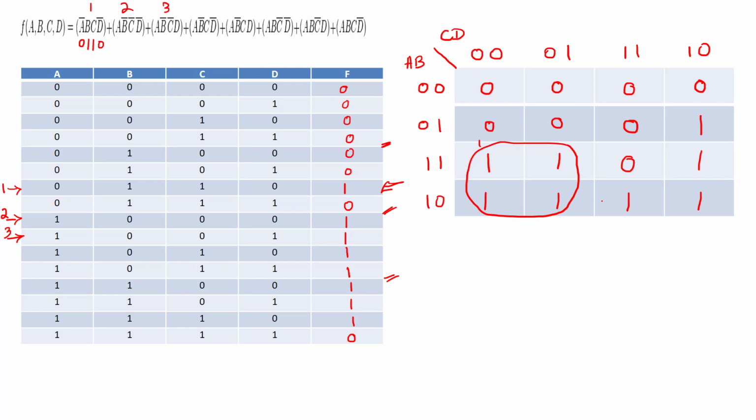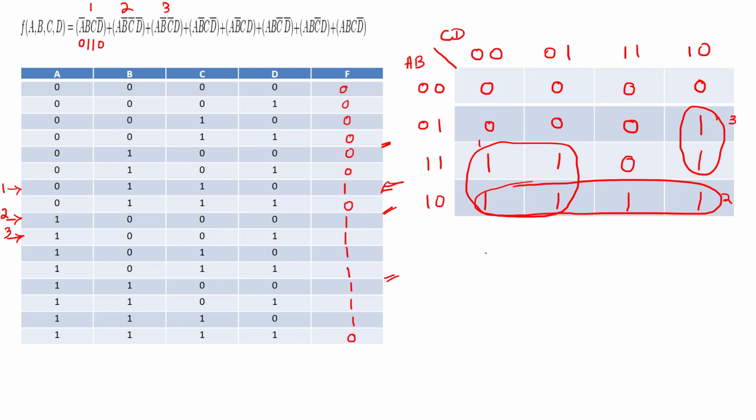But as long as there is one cell that is not part of the same 2 groups, then you can make a bigger group. So I am going to make a big group over here, and I will call this my group number 2. Finally, I can see that these 2 are left by themselves. So I will simply group these 2 together, and I will call it my group number 3.